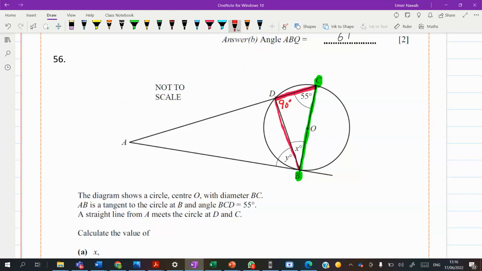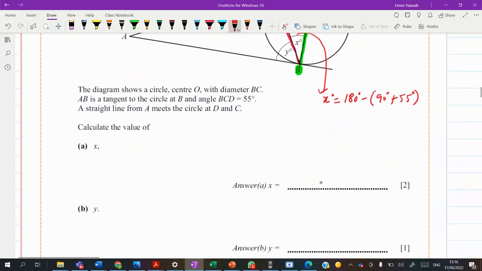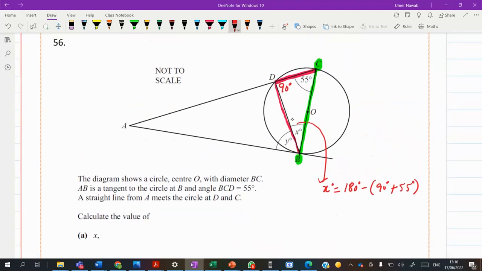Now, as you know, the two angles in this triangle are given. I can find the third. Yani what will be my x? My x will be 180 minus the sum of the two other angles, 90 plus 55. It will give you 35. So I'm going to label it 35.